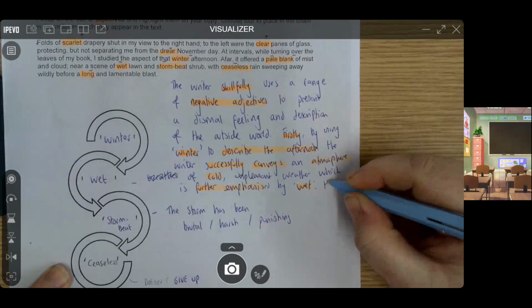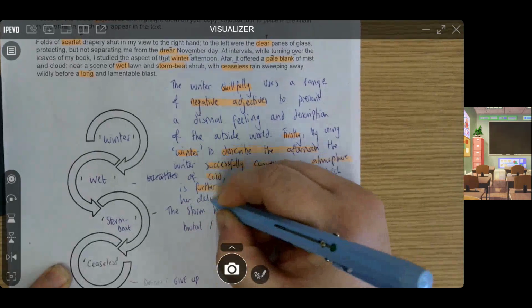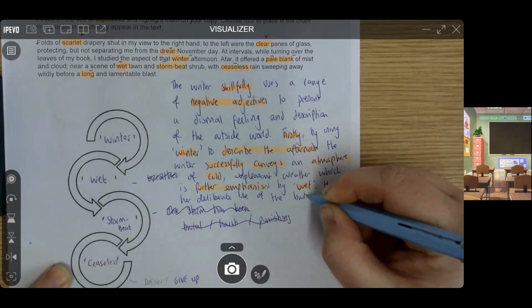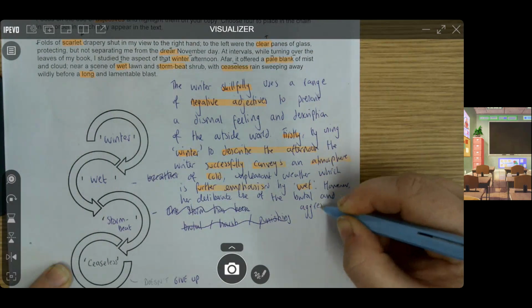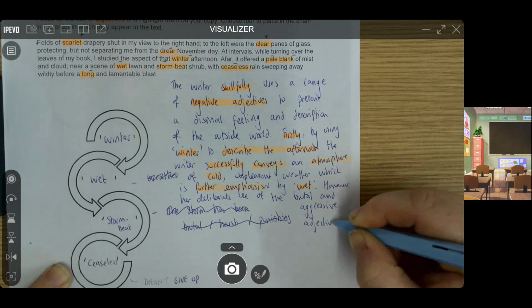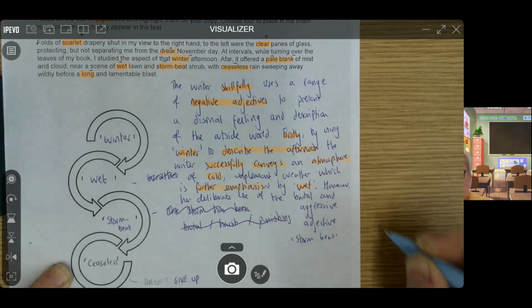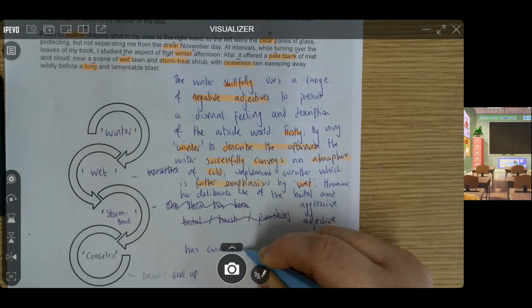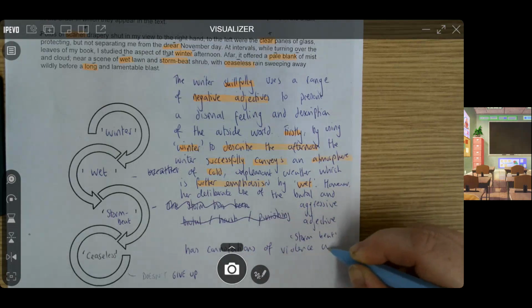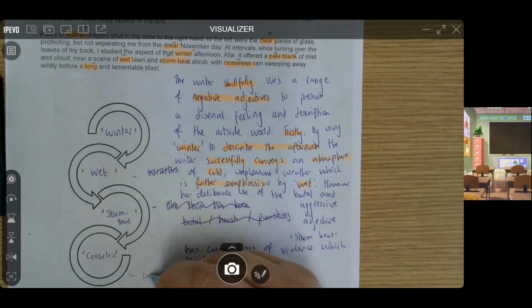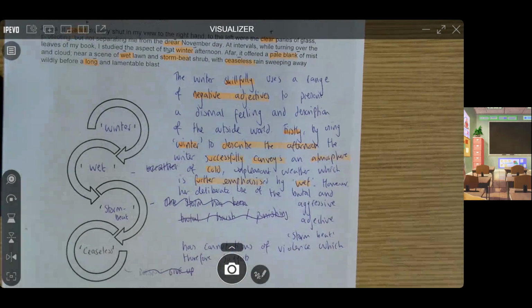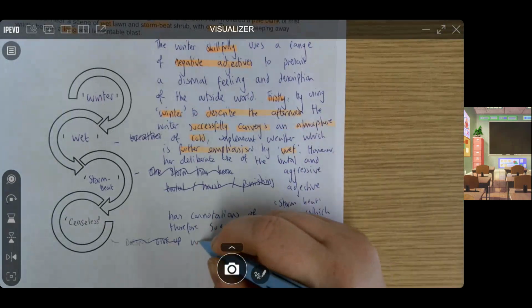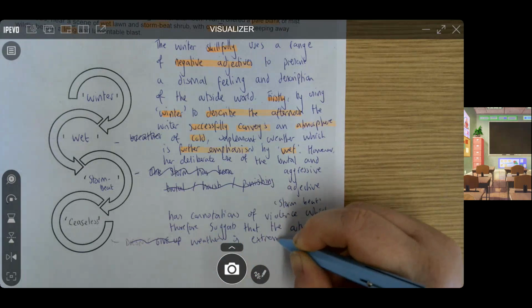I'm going to say, however, her deliberate use of the brutal and aggressive adjective stormbeat, apologies for how I'm writing, stormbeat has connotations of violence, which therefore suggests that the outside weather is extremely challenging.